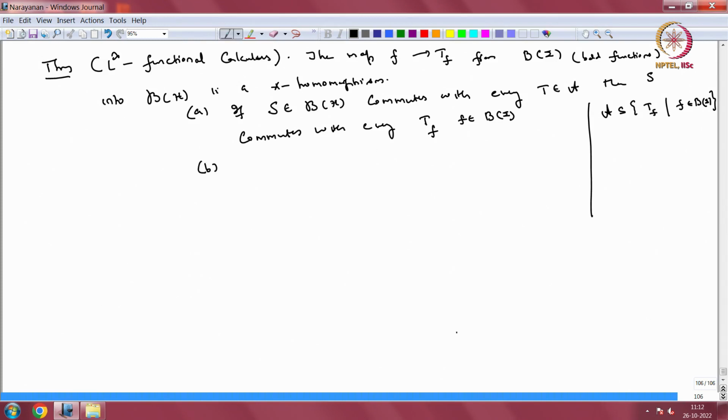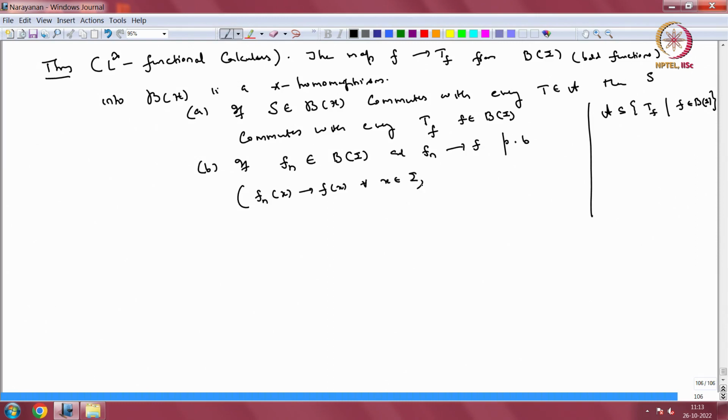Next, if F_n's are bounded functions and F_n converges to f, we will call it p.b., that means pointwise and boundedly. What does that mean? F_n(x) converges to F(x) for every x in sigma.